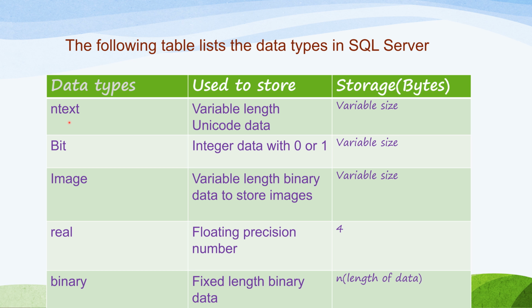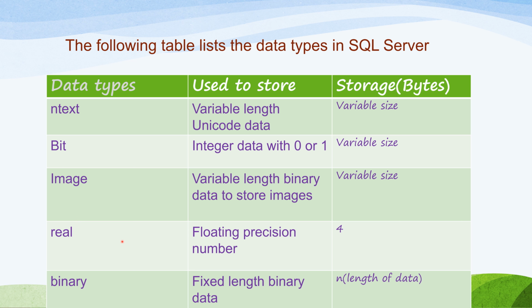This one is the ntext data type. It is used to store variable length Unicode data, and its storage is variable size. This one is the bit data type. It is used to store integer data with 0 or 1. Its size is variable. And this one is the image data type. It is used to store variable length binary data, such as images. It is also variable size.